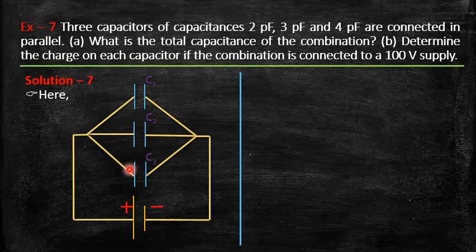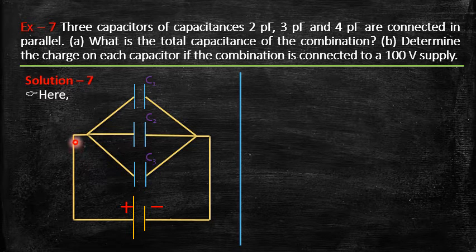Okay, but what happens here? When the group of charges comes from the battery and reaches the junction point, would they be equally distributed into three groups? No. Why not? Because C1 is the smaller capacitor, C3 is the largest one, and so maximum charge will go towards C3, because C1 is like a smaller room and C3 is like a bigger room.